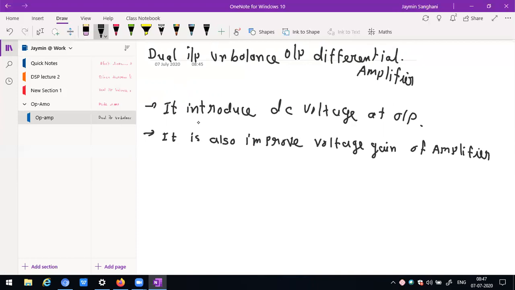Due to these two stages, dual input balanced output and dual input unbalanced output, we can improve the voltage gain significantly. Now we would like to obtain the current gain.